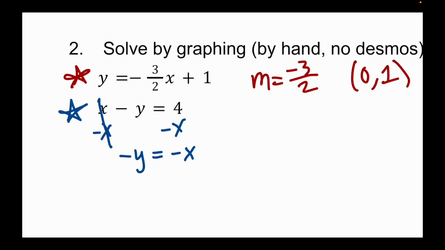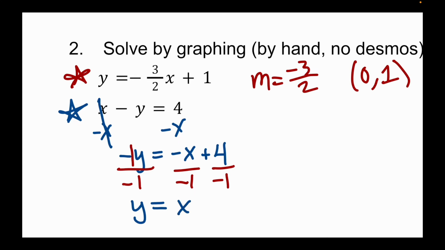So it's going to be more comfortable for our brains that way too. So negative x plus 4. Then you have to divide everything here by negative 1, or multiply everything by negative 1, because this is really like a negative 1y. So this will be positive y, and positive x, and a positive 4.